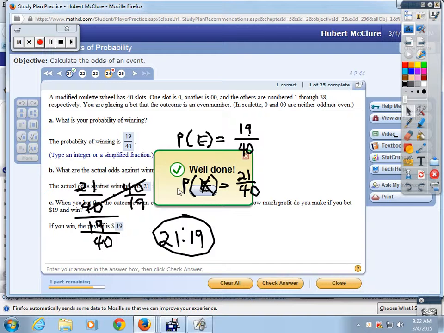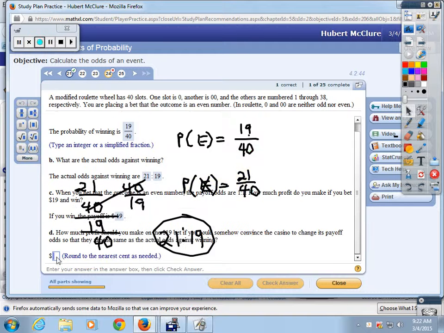And then what's the last one? 19 times 21 over 19. What does that come out to be? How much? 21 even? Wow. And that's it.